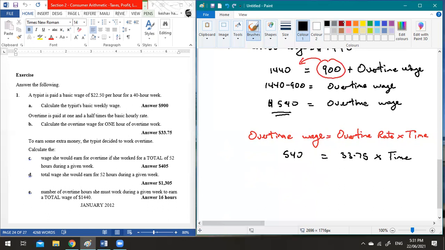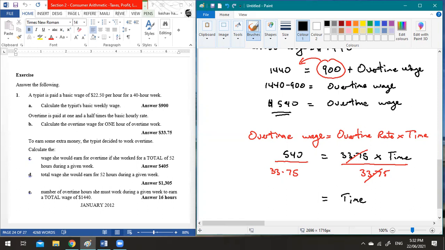Right? Now, we're going to divide, which is the opposite of multiply, by 33.75. If I do it on the right hand side, the equal side, I must do it on the left hand side. This and this will cancel to give us the overtime. Okay.